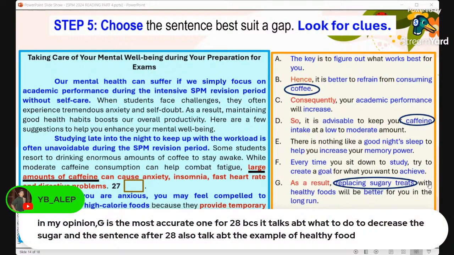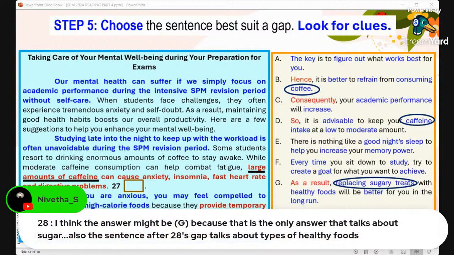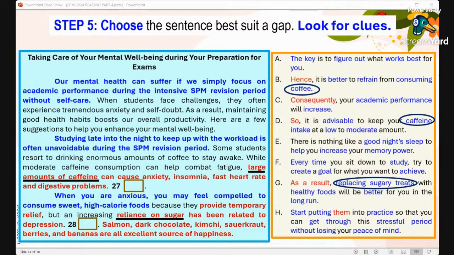Right. Because the sentence before that talks about large amounts of caffeine, right? That makes you have anxiety, insomnia. So they are not telling you not to take coffee, right? They are saying that maybe you should take less coffee, because in B, the keyword "refrain" means don't take at all.